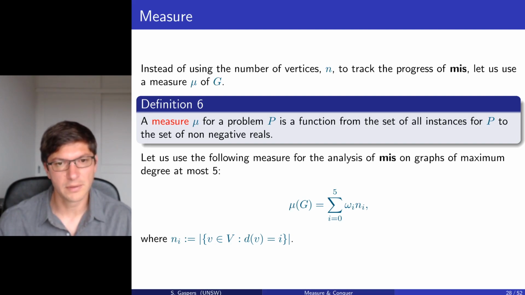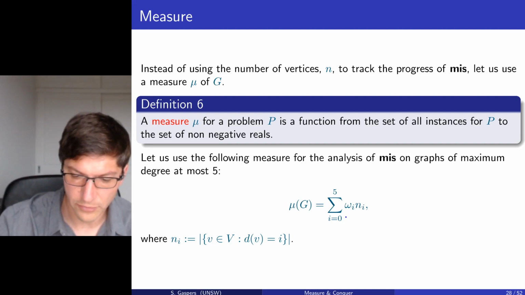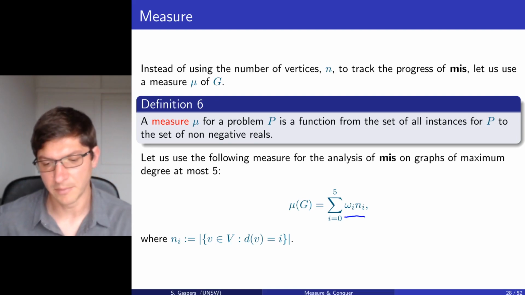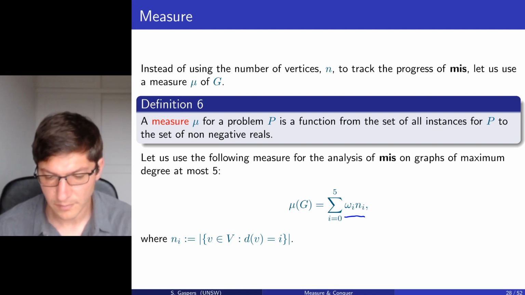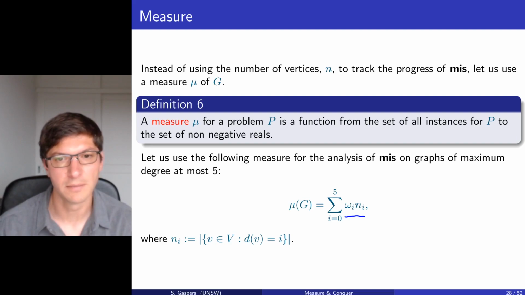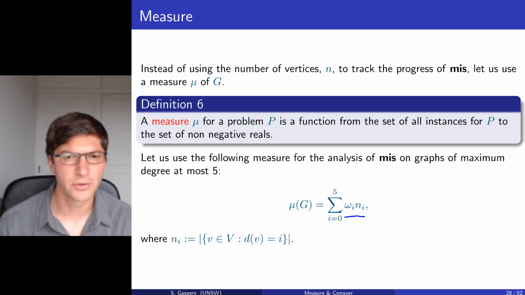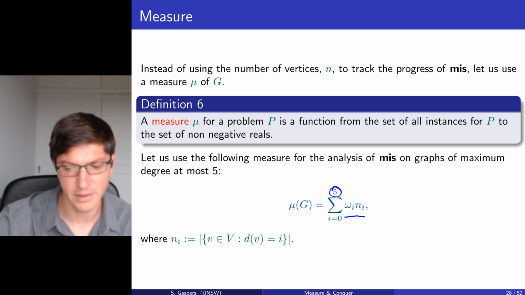As an example, we are now going to take the following measure, which is the sum of omega i times n i. Omega i is some constant that we need to figure out, and n i is the number of vertices of degree i. For now we are going to restrict ourselves to graphs with degree at most 5, just to make it a bit simpler.